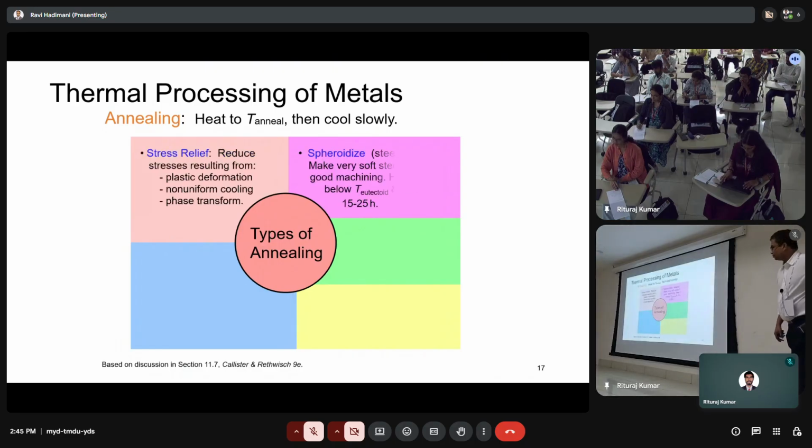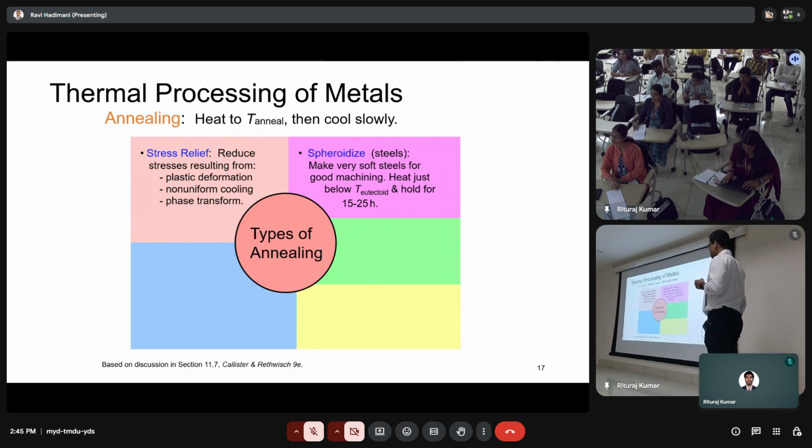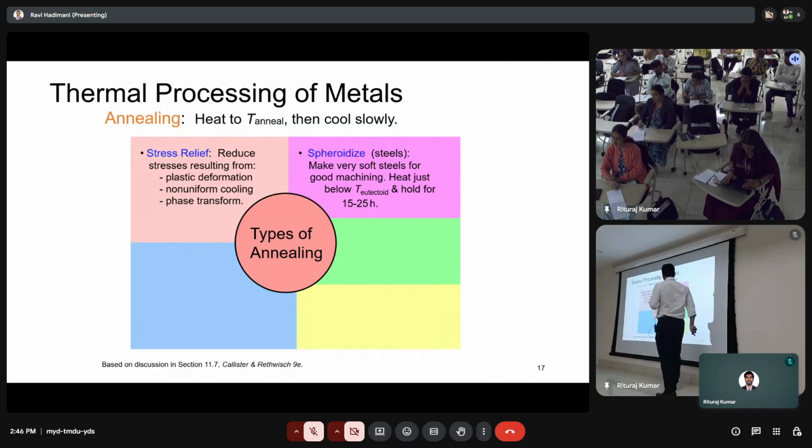Okay, so this is used for stress relief, because you are reducing the dislocation density, which is useful for plastic deformation, and you can also have phase transformation. So that is stress relief annealing. You also have spheroidized annealing, which is normally for steels. This is where you make steels soft.